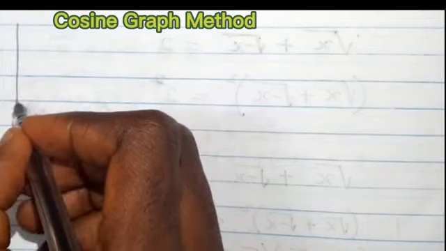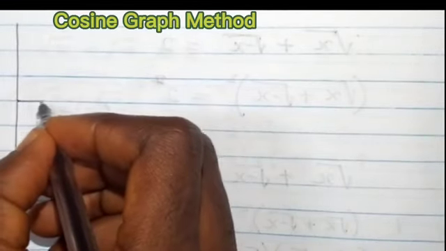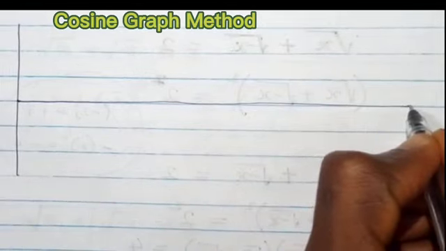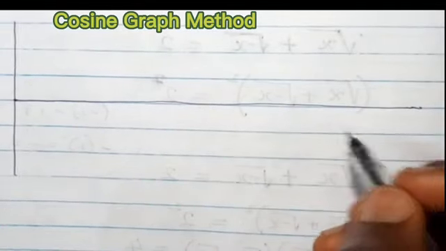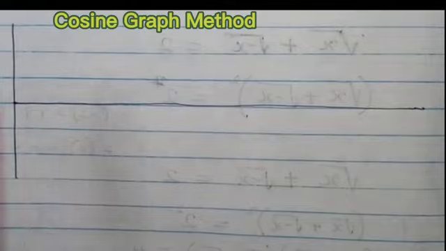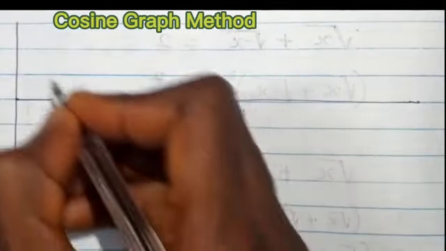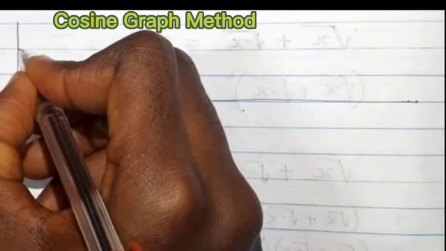So now this vertical line is the amplitude, and the horizontal line is for the angles, which is theta. For the sine graph, the graph starts from the origin, but for the cosine graph, it will start from the amplitude, which is 1.